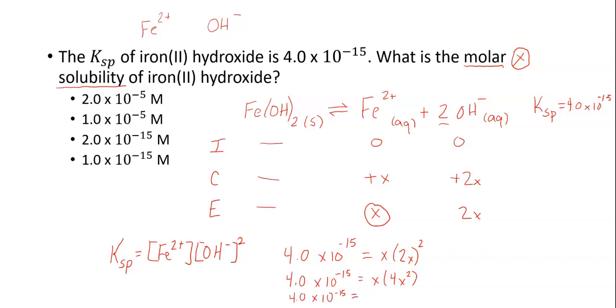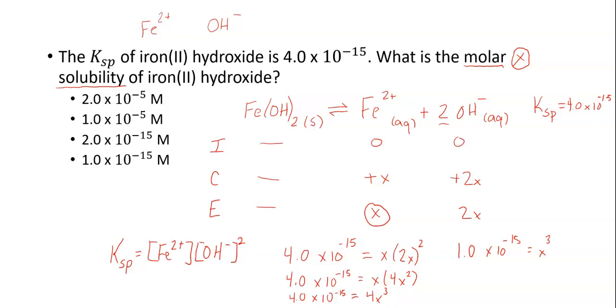And then that times x becomes 4x cubed. Now I want to solve for x, so I want to divide by 4. That part's pretty easy. 4 times 10 to the negative 15th divided by 4 is just 1 times 10 to the negative 15th, which is equal to x cubed.